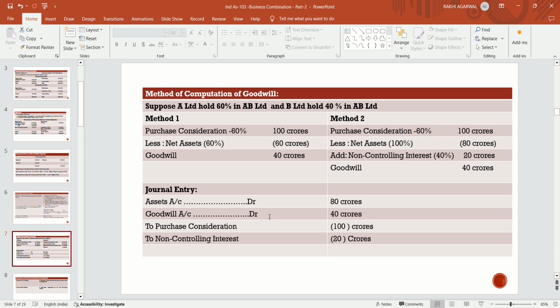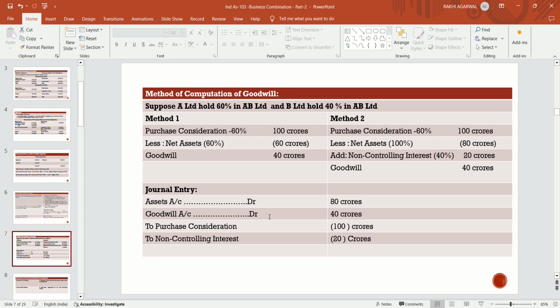Who is the holding company in this, A or B? A Limited is the holding company, so A Limited will prepare CFS. A Limited acquires only 60%, so the purchase consideration they pay is for the net assets of the 60% they acquired. So 100 crores less net assets of 60 crores, goodwill will be 40 crores.